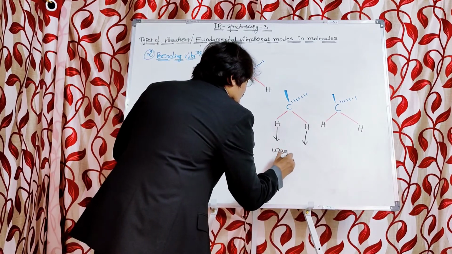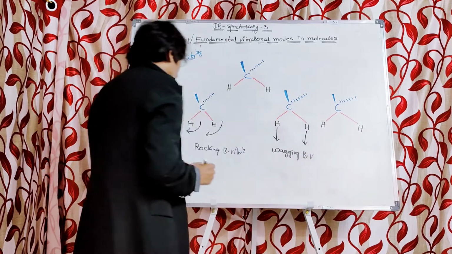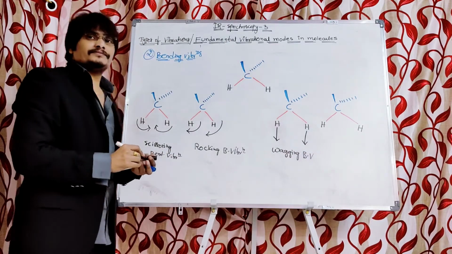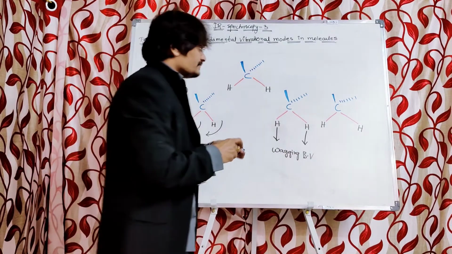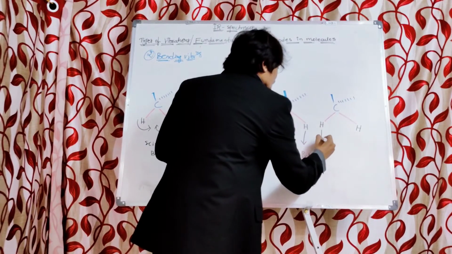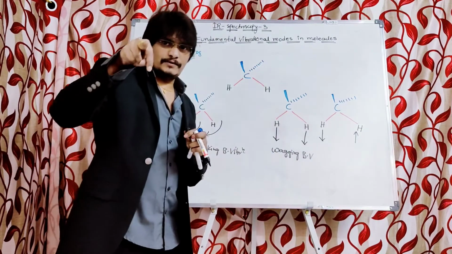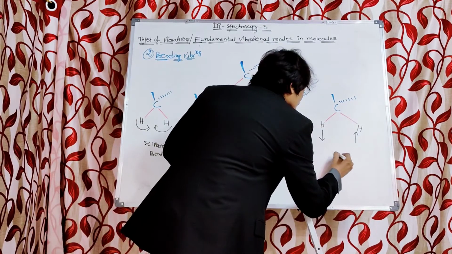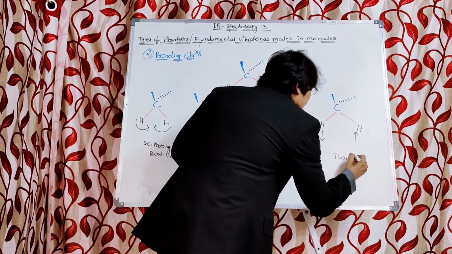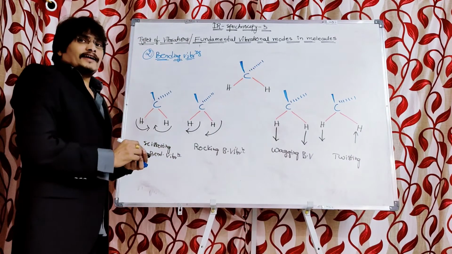Wagging bending vibration. So what is the last one, student? Twisting. One is below, one is above, one is below, one is above. Twisting bending vibration.